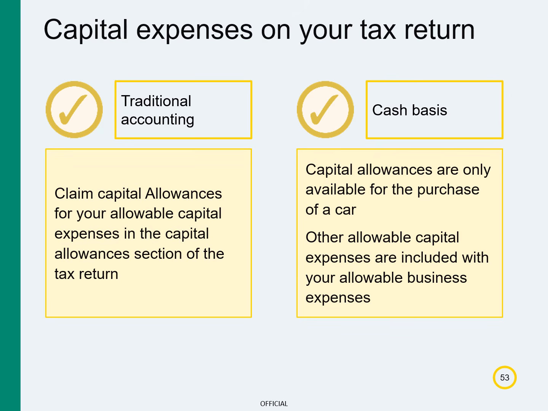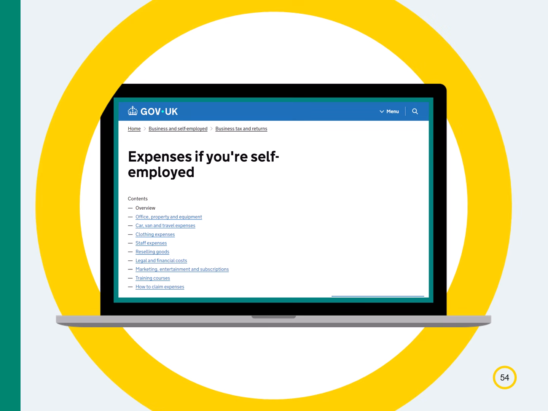All other allowable capital expenses are shown in the Other Allowable Expenses box if you're showing a detailed breakdown, or in your total allowable business expenses. You can find out more about expenses if you're self-employed on gov.uk.